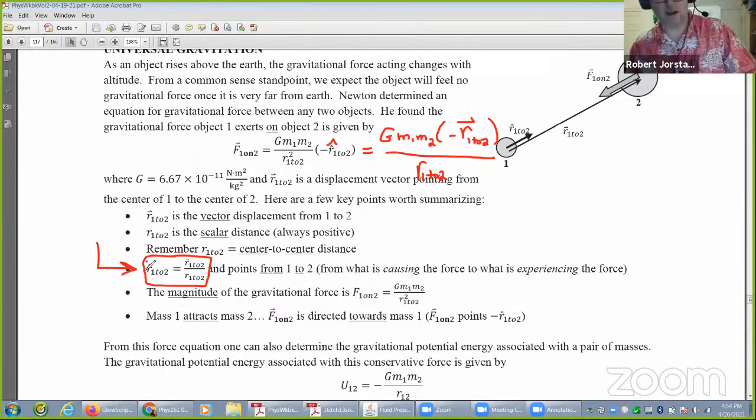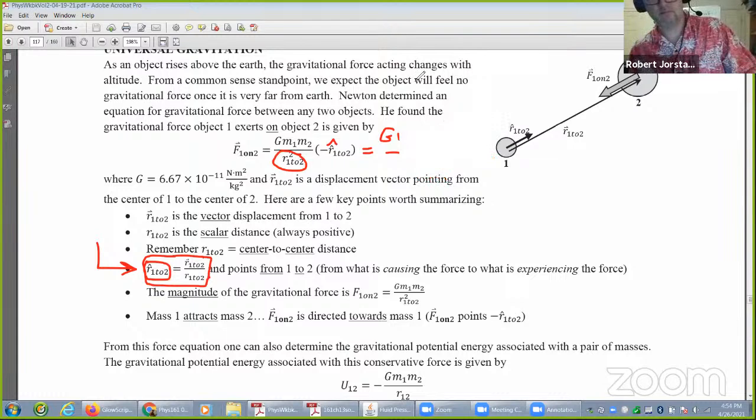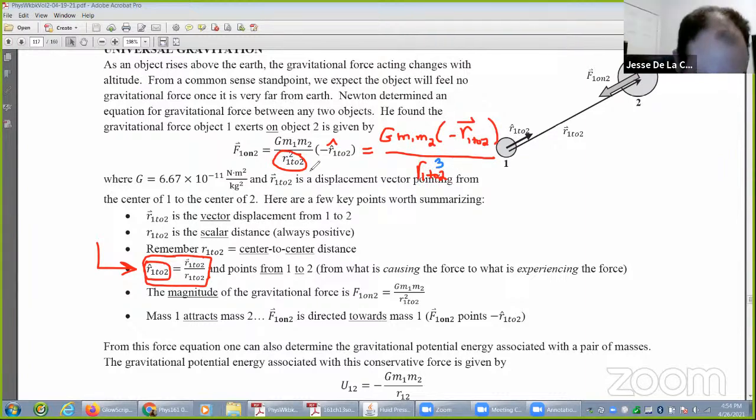Right? I could rewrite R hat as the vector over this. So what power should I have in the basement? Three, because I had squared here plus another one from there.